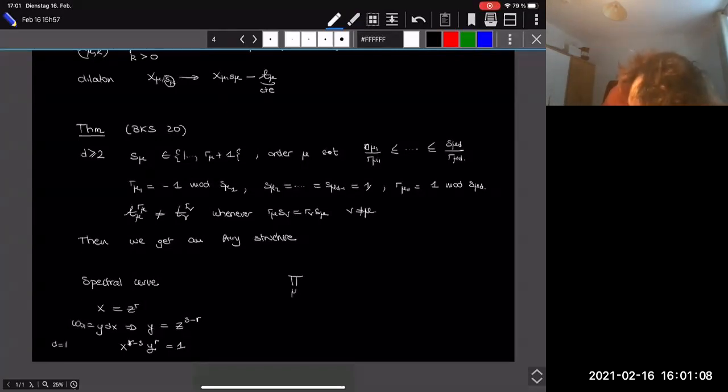But in general, you have a singular curve, with y over t mu minus s mu r mu minus 1. So you have that curve.